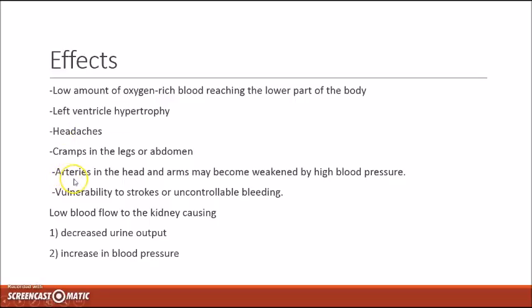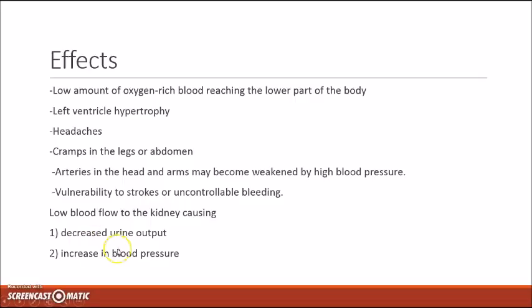Due to the high pressure in the upper part arteries, the vessels themselves may become weakened and would in turn be vulnerable to bleeding, and the whole body would be vulnerable to strokes.